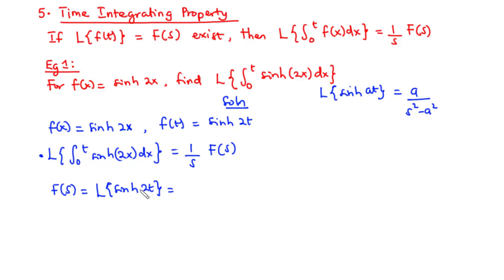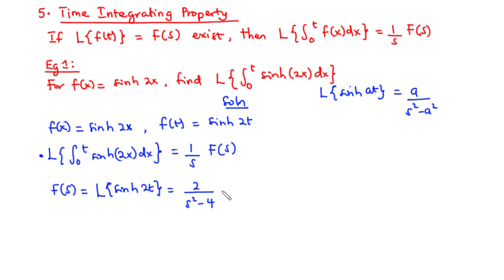minus a square. Now in this case, we have a to be 2, so that is given by 2 divided by s square minus 2 square. Now 2 square is equal to 4, so s square minus 4. So that is the Laplace transform capital F of s.